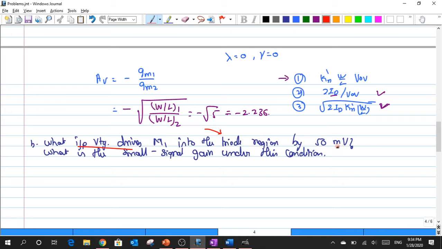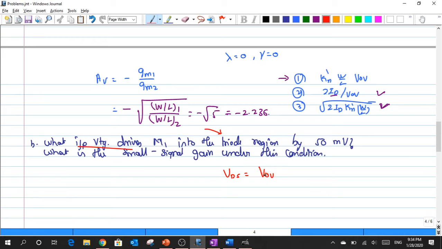What I mean is that if I were at the edge of saturation, my VDS value would be equal to VOV of the transistor. But right now, this VDS value is being further lowered compared to VOV by this quantity. Because to have our transistor in the linear region, our VDS value is supposed to be lower than the value of VOV.